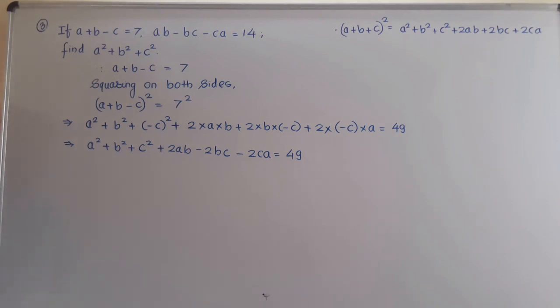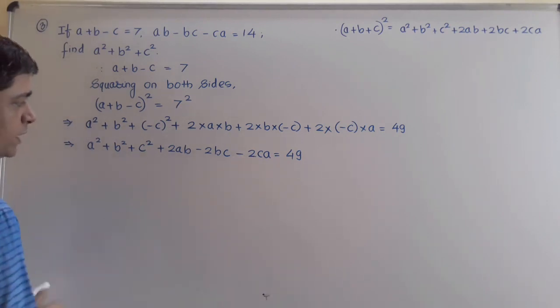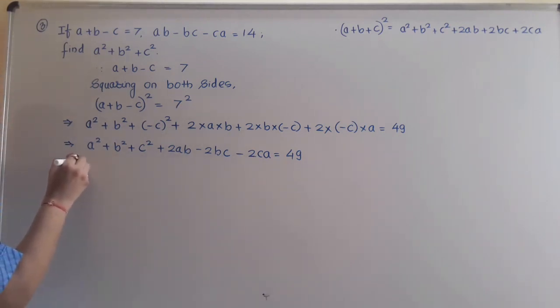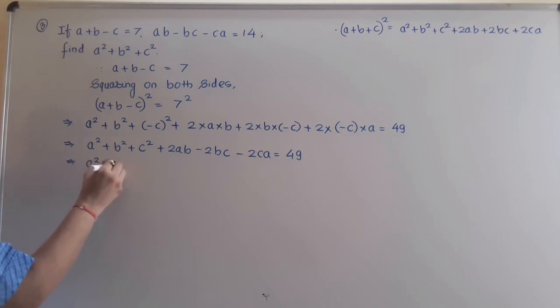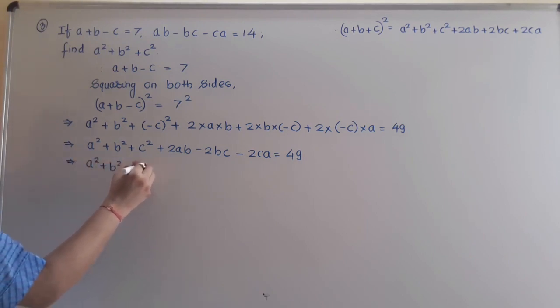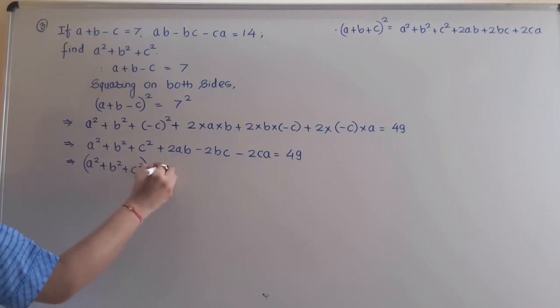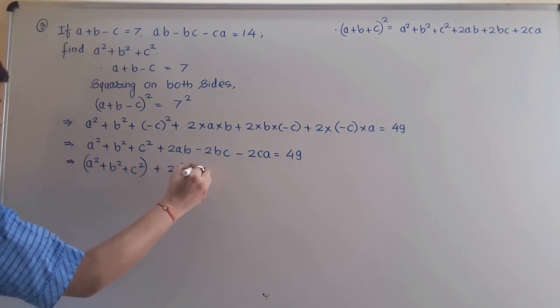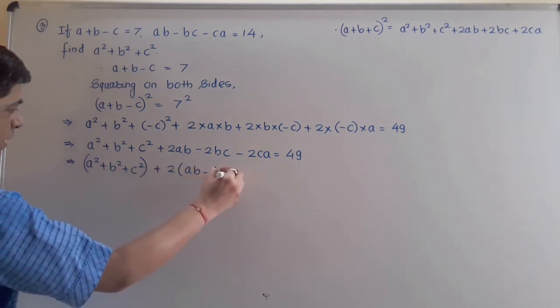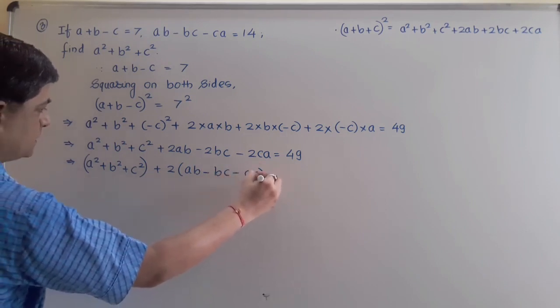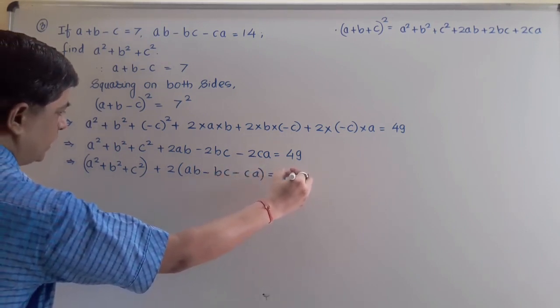Now we shall do one thing. From these three terms I am taking 2 common. So it can become a square plus b square plus c square, this one I am keeping as it is, plus 2 I am taking common. So remaining is ab minus bc minus ca is equal to 49.